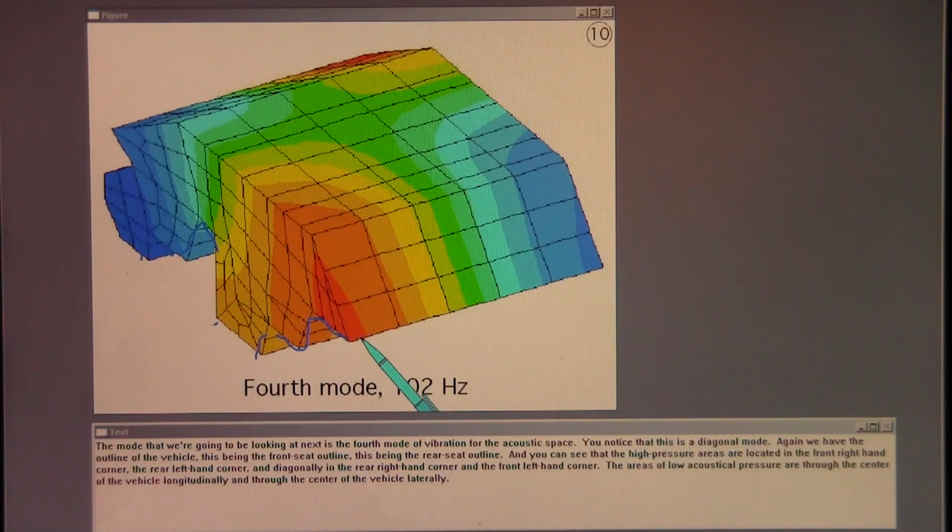And you can see that the high pressure areas are located in the front right-hand corner, the rear left-hand corner, and diagonally in the rear right-hand corner and the front left-hand corner. The areas of low acoustical pressure are through the center of the vehicle longitudinally and through the center of the vehicle laterally.